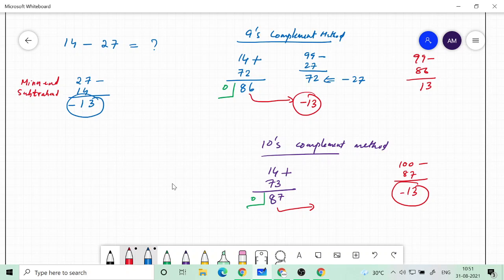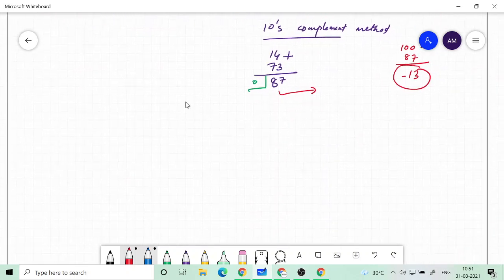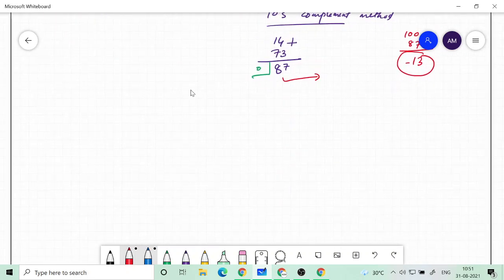In generic form, these are also called radix complement and diminished radix complement. Okay, so those are technical terms.